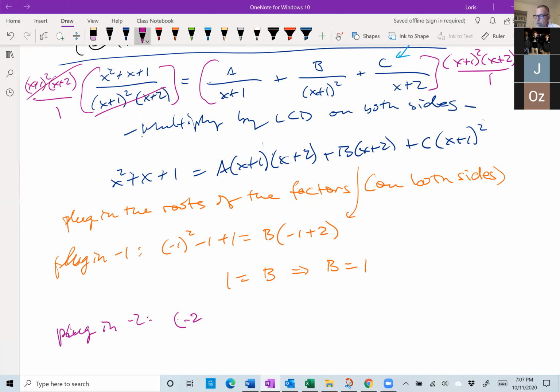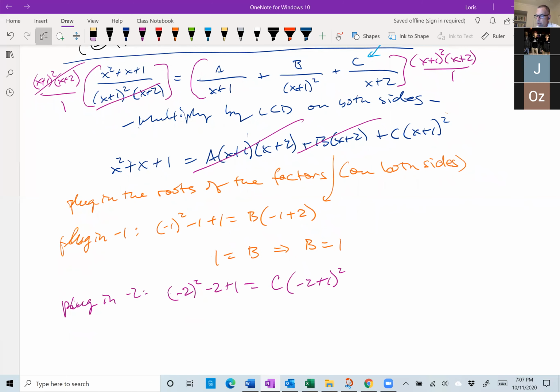On the right, this one's gone, and I get c times -2 plus 1 squared. So what is this? 4 minus 1, so that's 3 equals, and then that's 1 squared, so that's c. Oh, so c is 3. All right, so we know that b is 1 and c is 3.